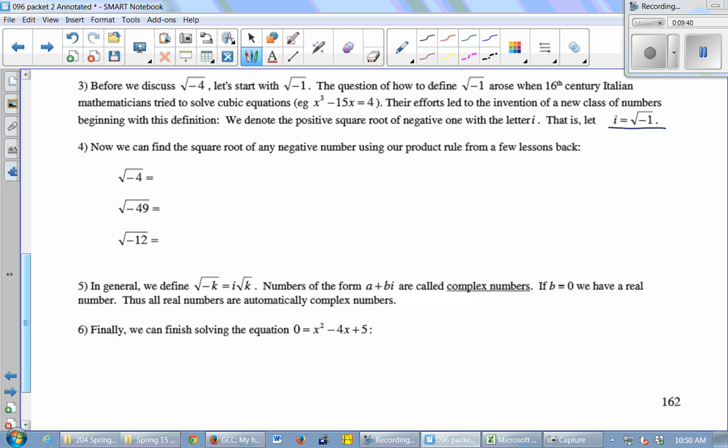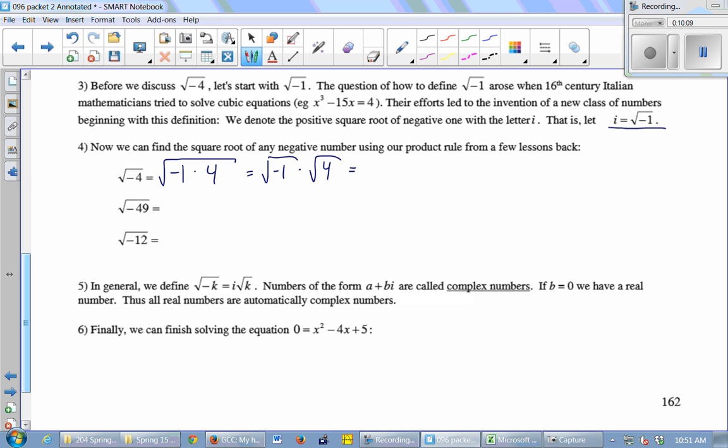So now we can find the square root of any negative number using our rules involving radicals from a few lessons back. So if I want to take the square root of negative 4, I could rewrite that as the square root of negative 1 times 4. Does that make sense? Just rewrite negative 4 as negative 1 times positive 4. And then I can break that radical into 2. So that's actually the square root of negative 1 times the square root of 4.